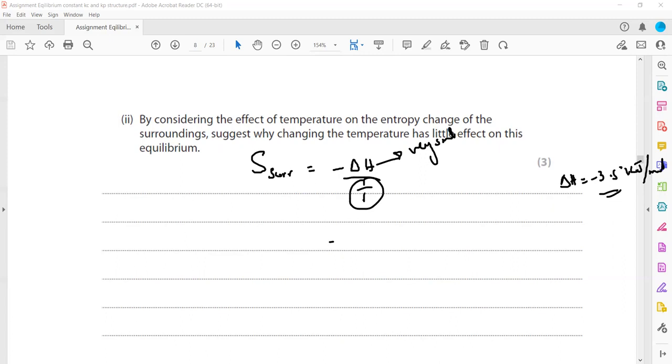So the entropy change of the surroundings is very small. The total entropy is equal to the entropy of the system plus the surroundings, and the surroundings is minus delta H by T, and because delta H is very small, the entropy change of the surroundings will not change a lot.